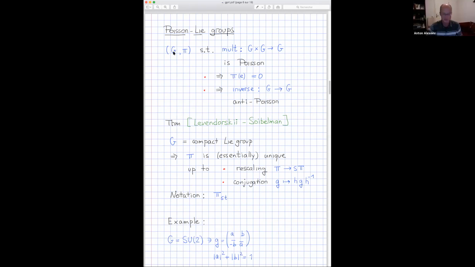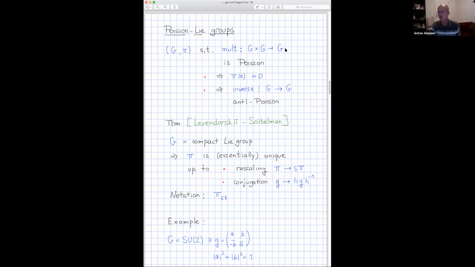So a Poisson-Lie group is a Lie group together with a Poisson bracket, for which the multiplication map is a Poisson map. A Poisson structure is a bivector, so it maps along the arrows. So in particular, G cross G to G, you can map the sum of two copies of pi on two copies of G to one copy, and they should be the same.